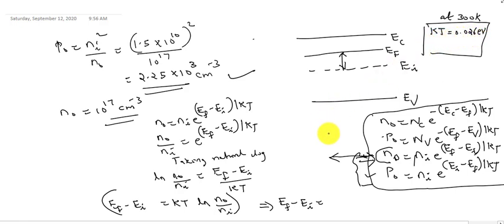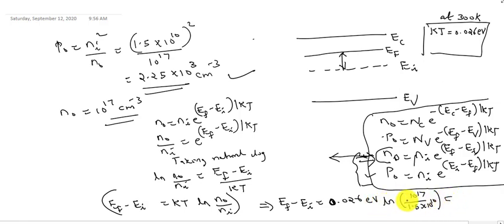So for Ef minus Ei, the value of kT is 0.026 electron volt, times the natural logarithm of N0, which is 10 raised to 17, by Ni, which is 1.5 into 10 raised to 10. On using the calculator, we can evaluate this.